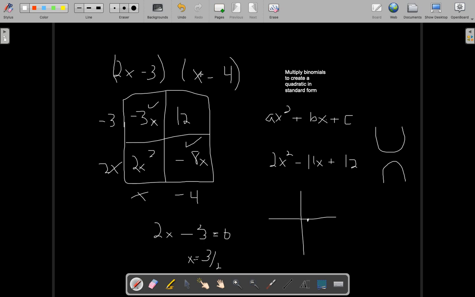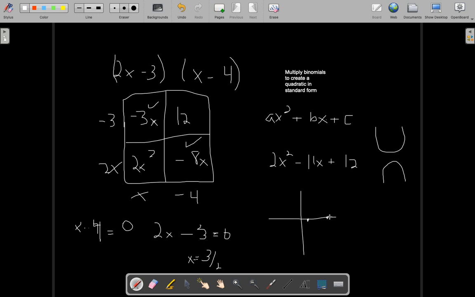Then the other one is x minus 4 equals 0, and we know that one's going to equal positive 4. So basically when you factor these binomials, you're getting the actual x-intercepts of each equation.